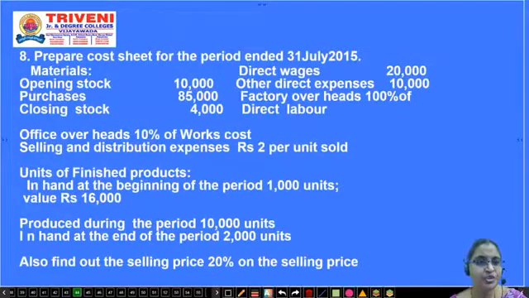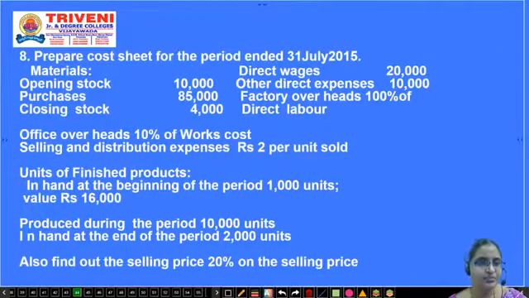Prepare cost sheet for the period ending 31st July 2015. They asked for preparation of the cost sheet only. The materials: opening stock 10,000, purchases 85,000, closing stock 4,000.